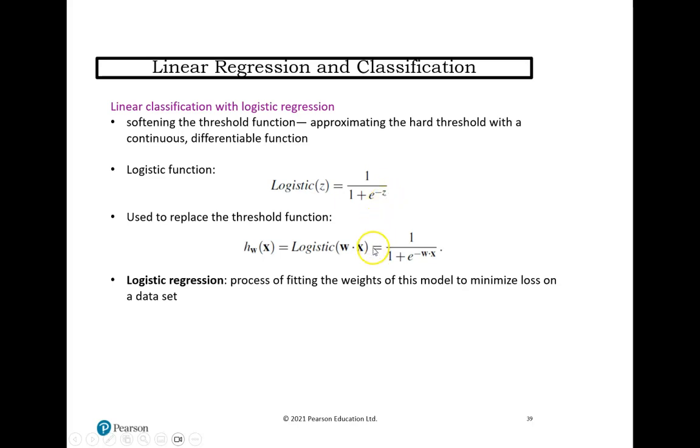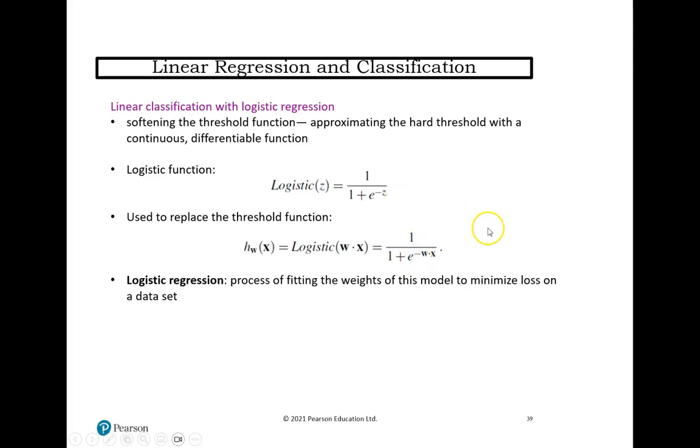So in our case here, we're applying this to w dot x, which is essentially the h of x. So it's going to be 1 over 1 plus e to the negative w dot x. Okay, so let's see what happens.